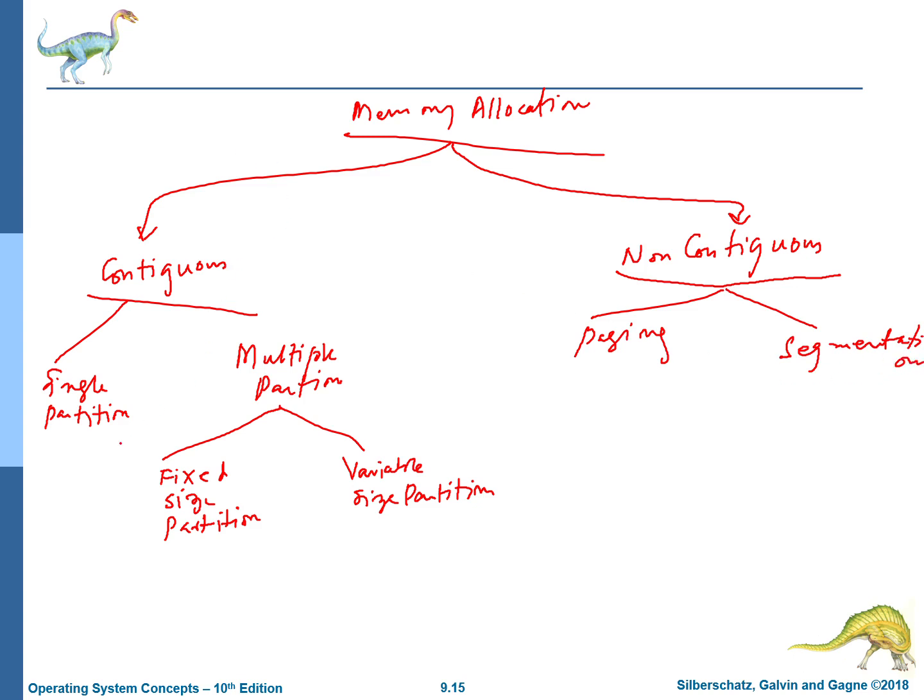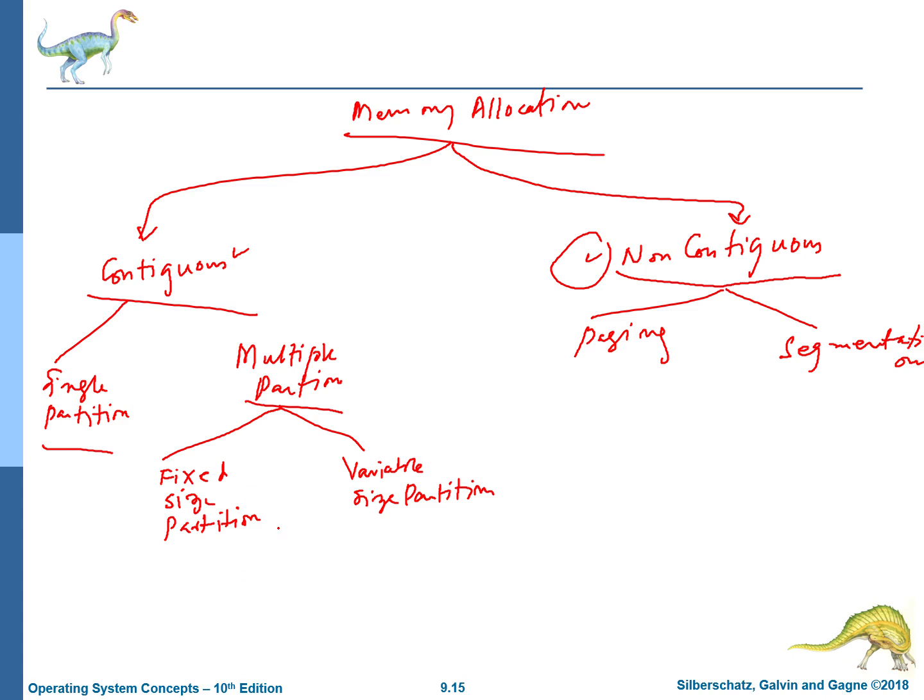So we'll be seeing these two broad categories of memory allocation: the contiguous type and the non-contiguous type. In the contiguous, we will see single partition and then multiple partition, and inside multiple partition, we'll see the fixed size partition.